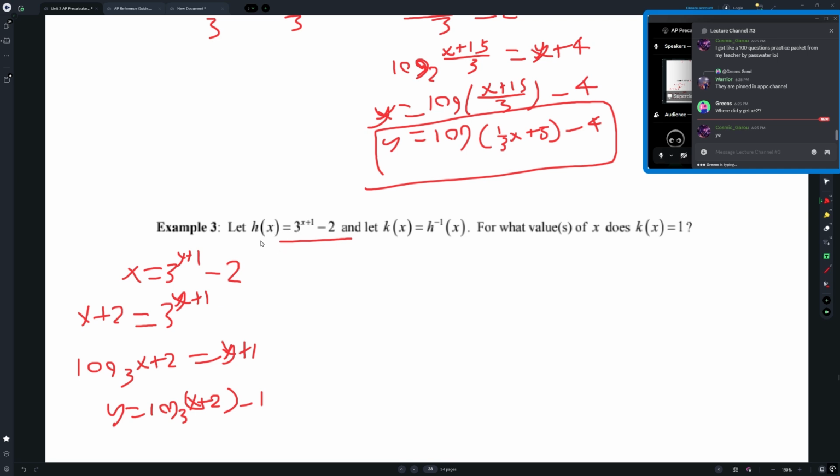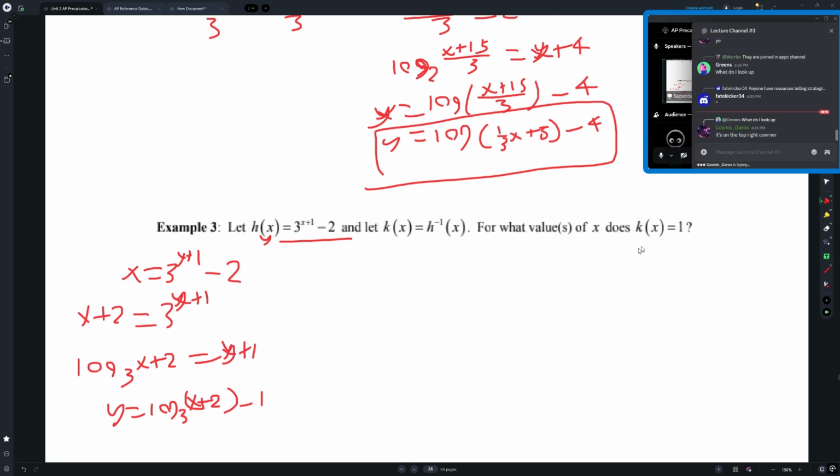Because we flipped it. If this is y, we flipped it. Just click the pinned button in the top right corner. There's a ton of FRQ and MCQ practice for AP Precalc in pins. I don't know of a resource like that.